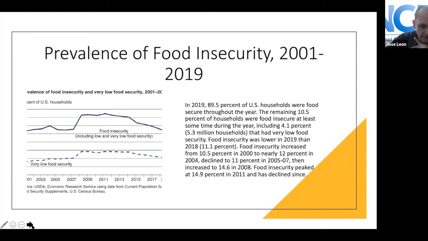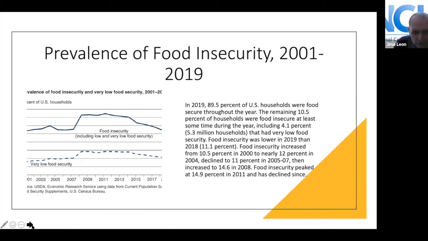This is a very interesting slide, because when we analyze percentages, the percentages don't really show the reality and the real conditions of patients. This is the latest data that we have access to. In 2019, 89.5% of US households were food secure throughout the year. That is a very good number, considering that almost 90% of the households in the United States are food secure.